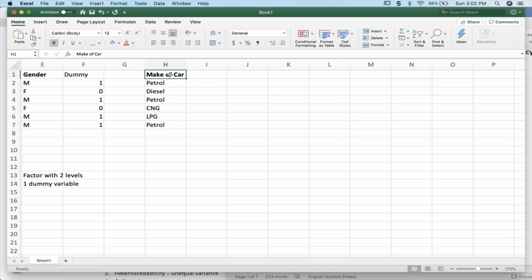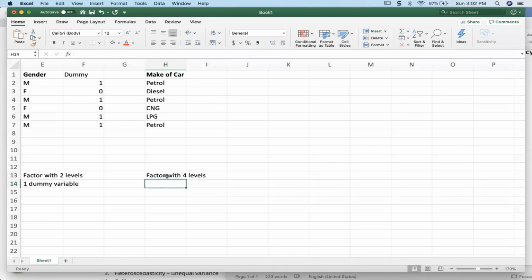Guys, any variable is a factor if it can take a limited set of values. What values can it take? Either petrol or diesel or CNG or LPG or electric or a few more, right? But the number of values it can take is limited. It's not infinity. So whenever you have a factor, here the factor has how many levels? Petrol, diesel, CNG, LPG. So this is a factor with 4 levels.